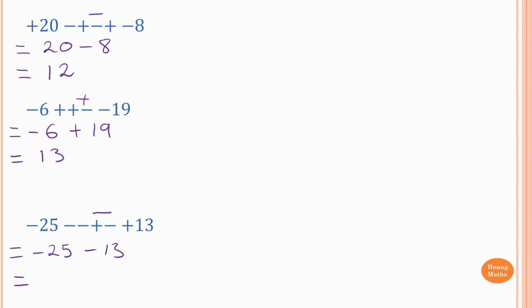So now we owe the bank $25 and we owe another 13. So we owe even more. So what we do, we just add them up. 25 plus 13. And 5 plus 3 or 3 plus 5, doesn't matter, is 8. And 1 plus 2 or 2 plus 1 is 3. So the answer, instead of 38, the answer should be negative 38.